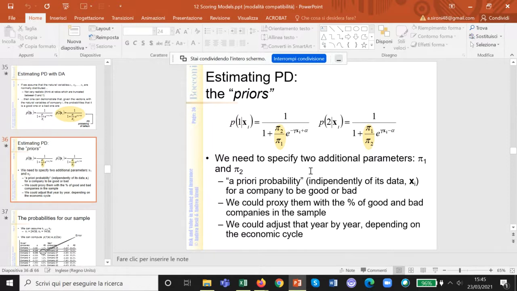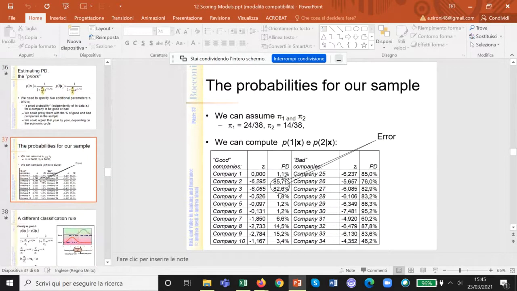So, in the example that we saw before, pi1, the a priori probability of belonging to the good companies, is given by the ratio of good companies in the sample, so 24 out of 38. While pi2, the probability of belonging to the bad companies, would be 14 out of 38, okay?